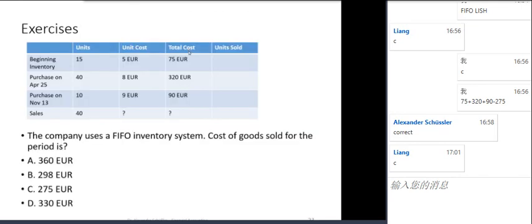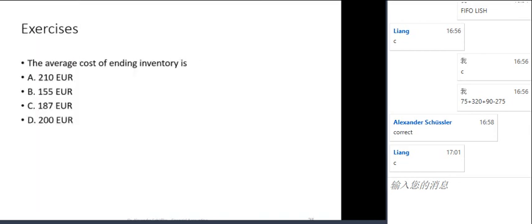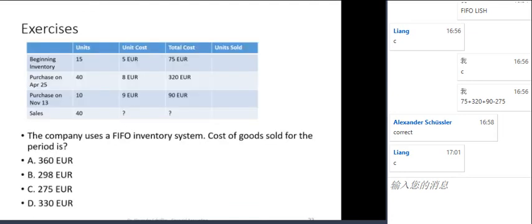Let's have a look how to approach this. So here we're talking about the average cost of ending inventory.